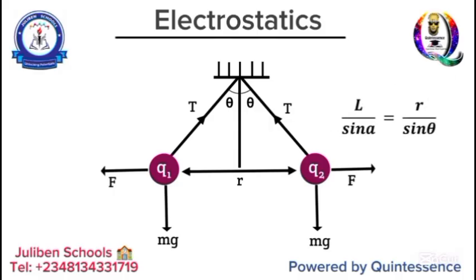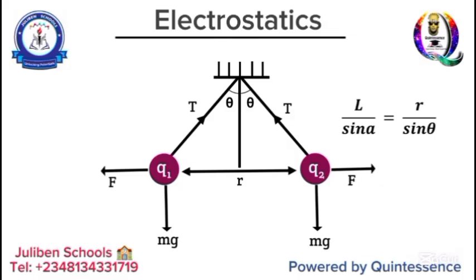Yeah, you have to do the diagram. You have two balls on two threads. Because they have the same charges which are positive, they repel each other, and the distance between them is r. The angle formed at the top, at the point where it is fixed on the wall, is theta, and that same angle is also the same on the other side.